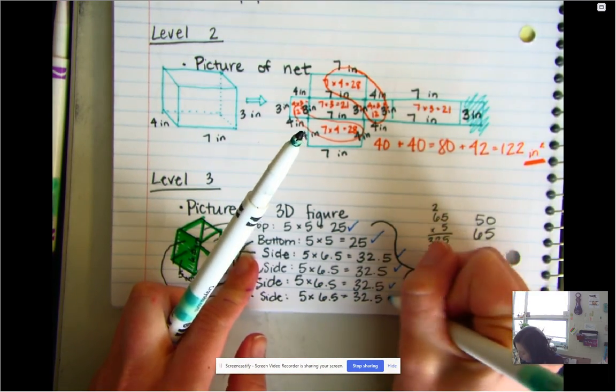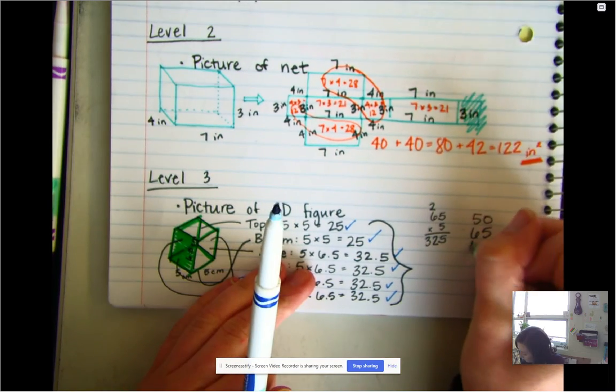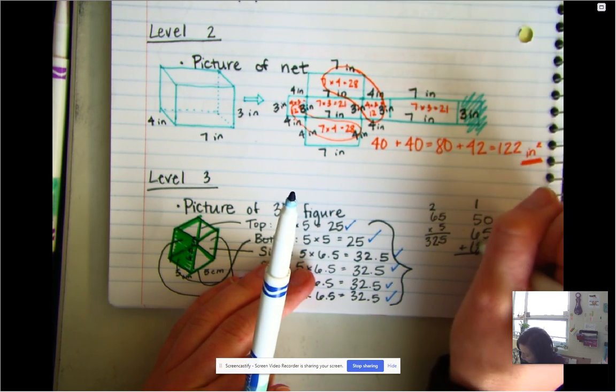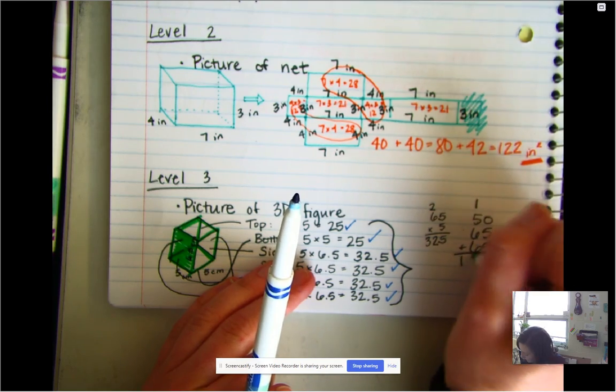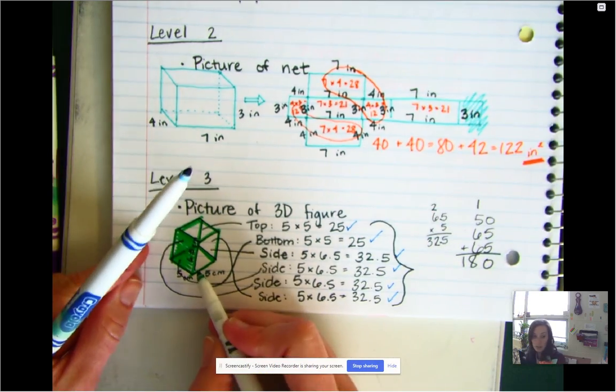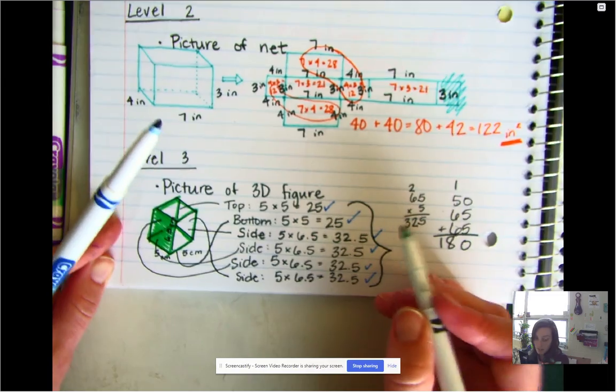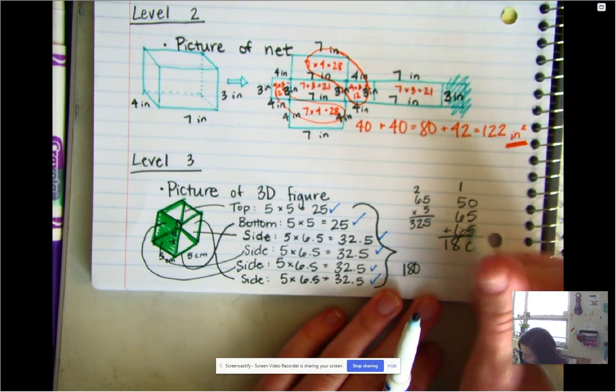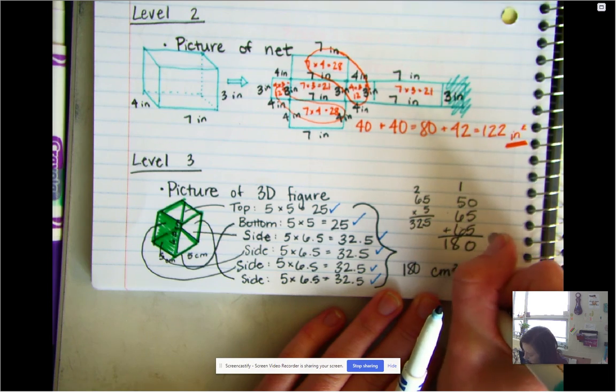So this chunk will also be 65. I add them up, 12, 17, 18. So the surface area of this rectangular prism is 180 square centimeters or centimeters squared.